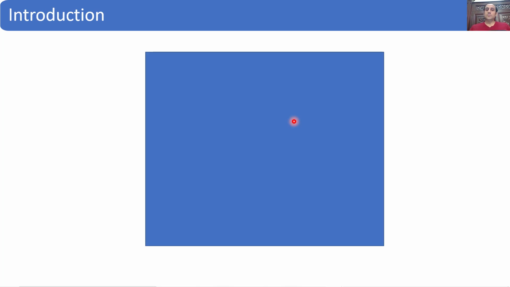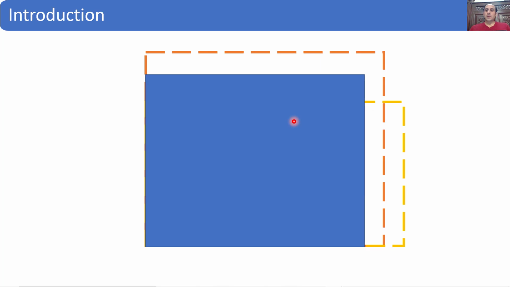So this is the original shape, the blue one. The yellow one is the shape we get when we apply sigma x, and then we apply sigma y on this deformed shape, and we get this orange shape, which is the final shape.